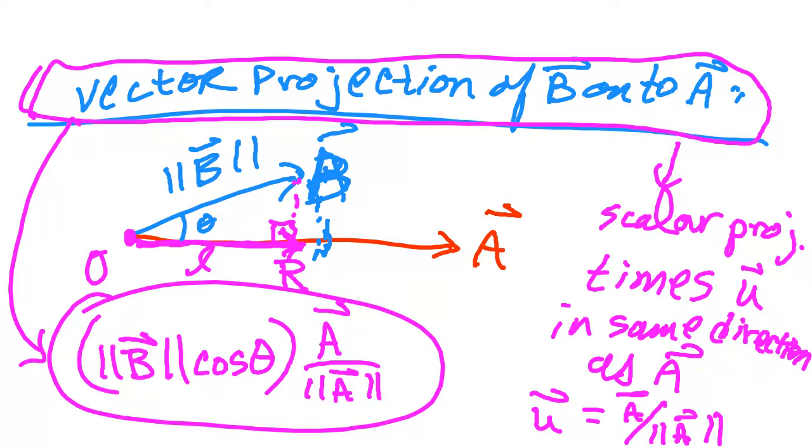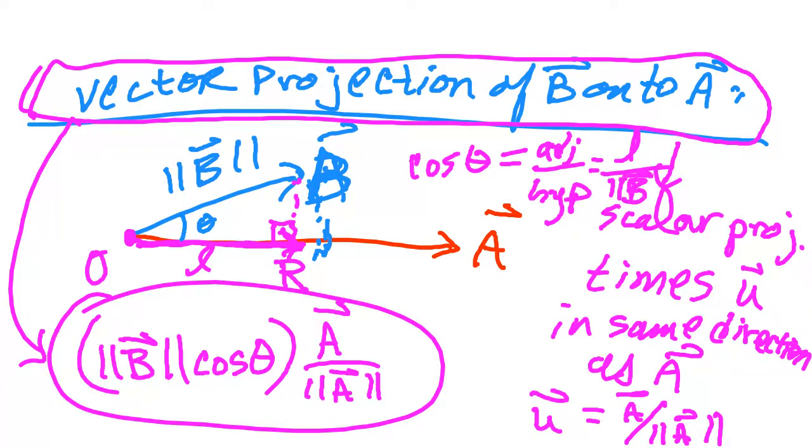I know that the cosine of theta is the adjacent over the hypotenuse, where the adjacent has size L, and the hypotenuse has size norm of B vector. So if I want to solve that for L, I'm just taking the norm of B vector times cosine theta.